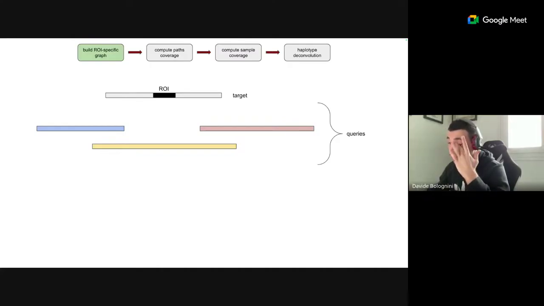What you see here in gray and black is the reference, and we refer to this as the target. The other assemblies we usually call queries. The first thing that we do is a query-to-target alignment.